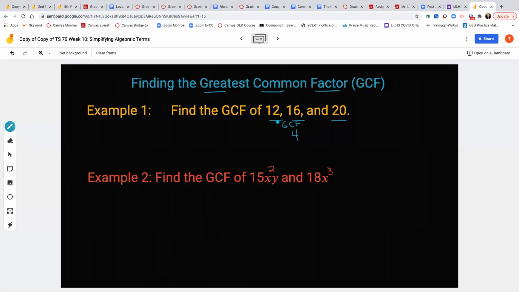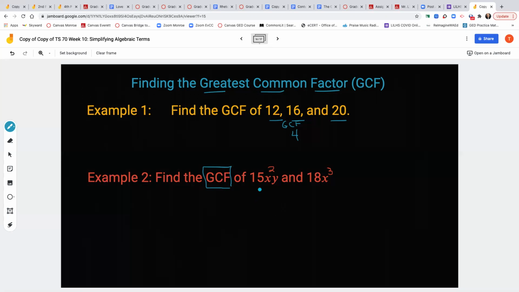So when we're looking at constants, these are all numbers, that's how we find the greatest common factor. But how do we find the GCF of something like this, 15xy, x squared y, and 18x to the third? A little bit of a trick to this.